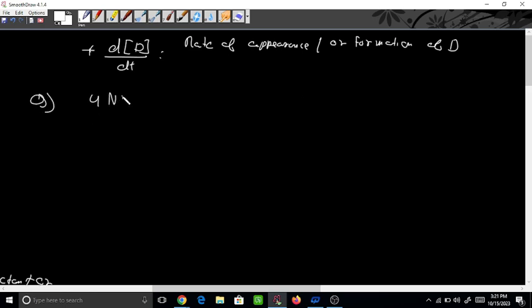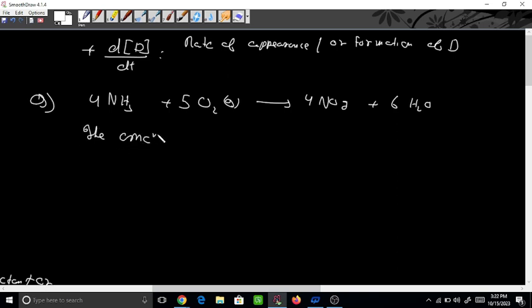I am writing one reaction: NH3 plus oxygen gas gives NO gas plus H2O. If you balance it, just write it down: this is 4, this is 5, this is 4, and this is 6. So these are the coefficients, like n1 A plus n2 B gives n3 C plus n4 D. They have given the change of concentration of NO, which is this one.